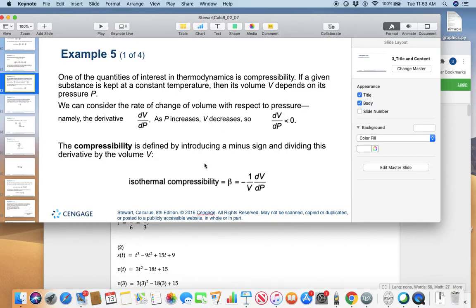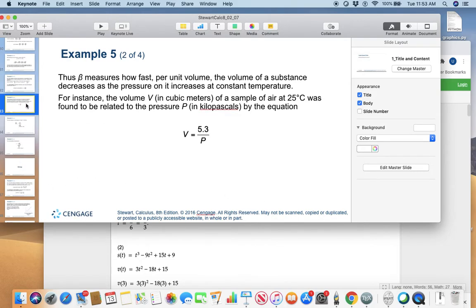The compressibility is defined by introducing a negative sign and dividing by the volume. So the isothermal compressibility, denoted by the Greek letter beta, is negative 1 over V dV/dP.